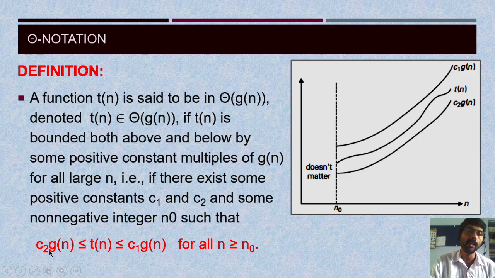The expression is like this: C2 G of n is bounded below, it is always less than T of n, and C1 G of n is bounded above, that is, T of n is always less than C1 G of n, when the n value is equal to n0 or greater. That is the definition of theta notation.